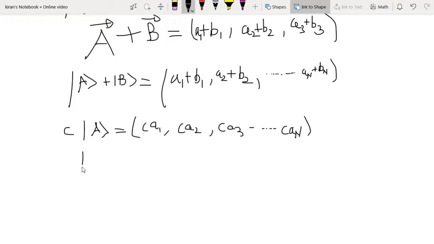A null vector is just a series of n zeros.